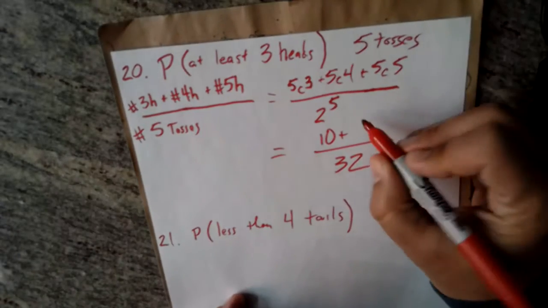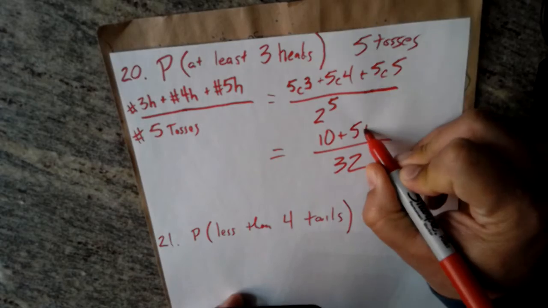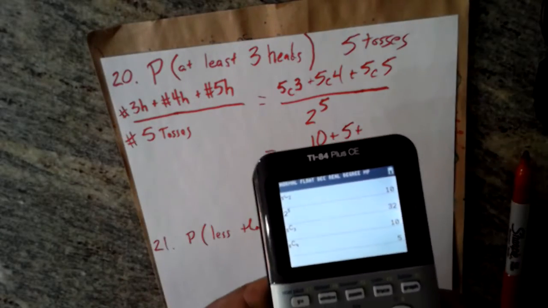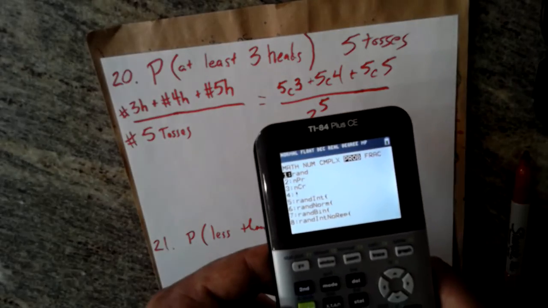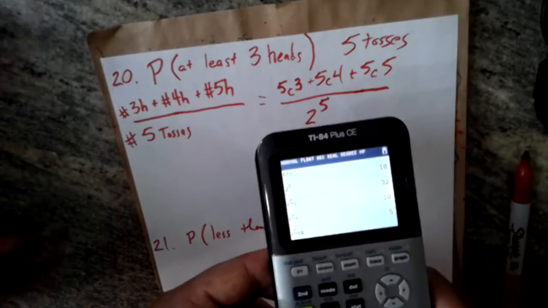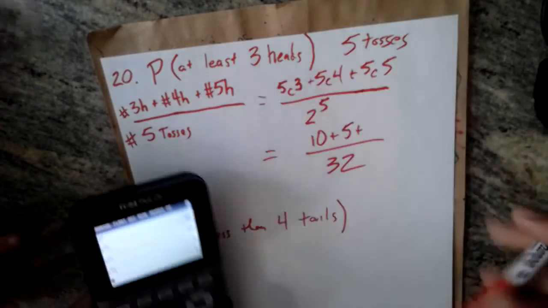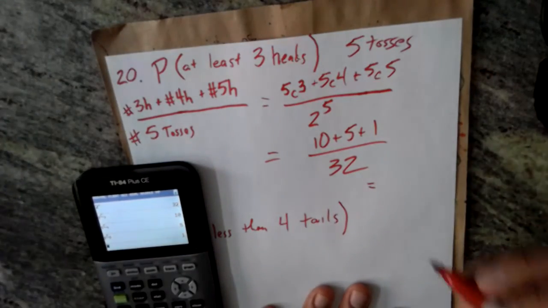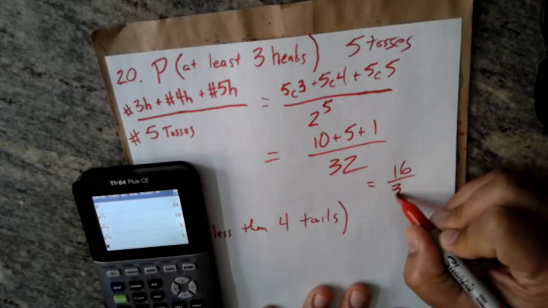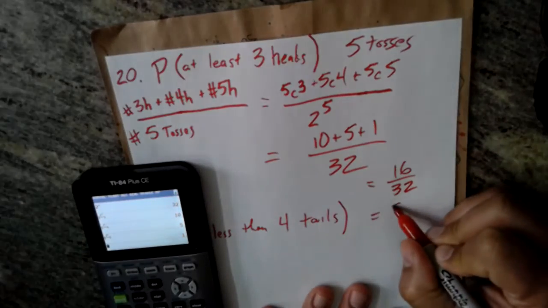And that is 5. And then 5 choose 5. There's only one way that can happen. The answer to this is 1, but I'll show it to you. And so then you get 16 out of 32, which is 50%.